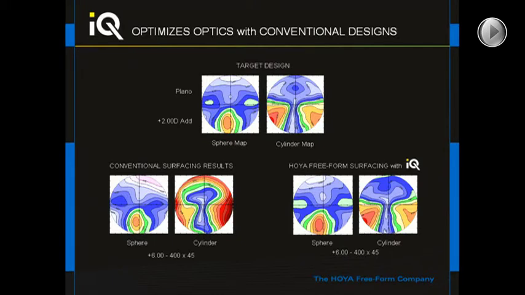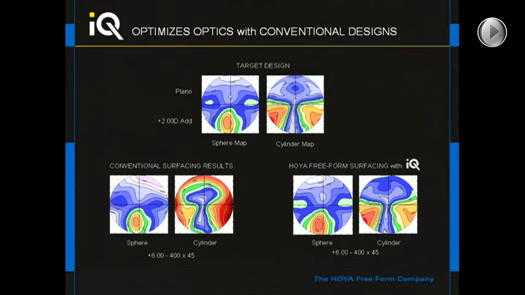When you take that semi-finished blank, where the target design is placed and molded onto the front, and put it through a conventional surfacing technology, what happens to that contour plot as a result of those powers is much different from what the target design was intended to look like.